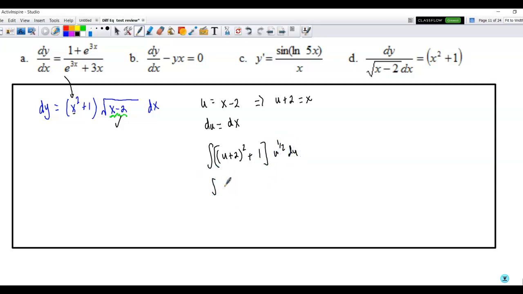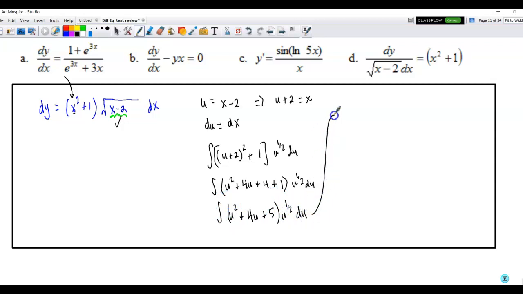If I square the binomial, I'll get u squared plus 4u plus 4, plus 1, multiplied by u to the 1/2 power. Simplifying that gives me u squared plus 4u plus 5 multiplied by u to the 1/2 power.